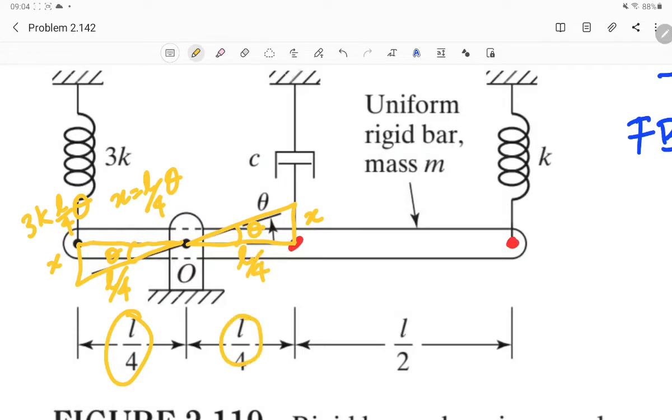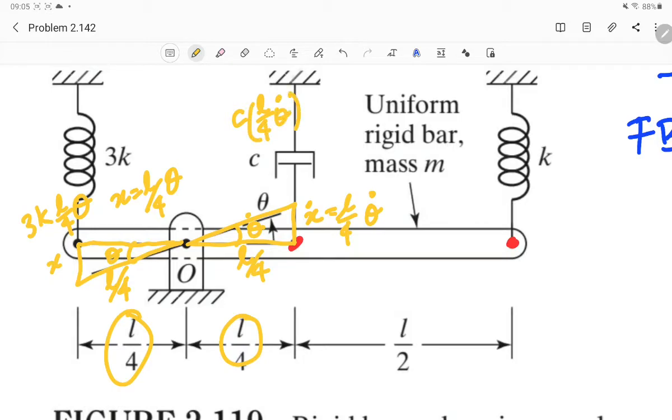Same thing, but this time it's x dot, so you have your theta dot there. x equals L over 4 theta, so x dot is L over 4 theta dot. The force is C x dot, because this is a linear damper, so it becomes C times L over 4 theta dot.